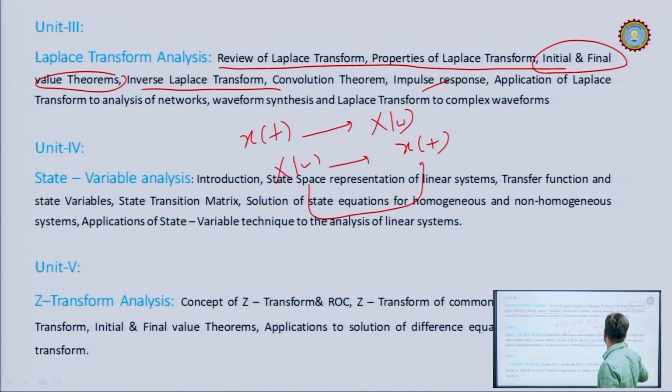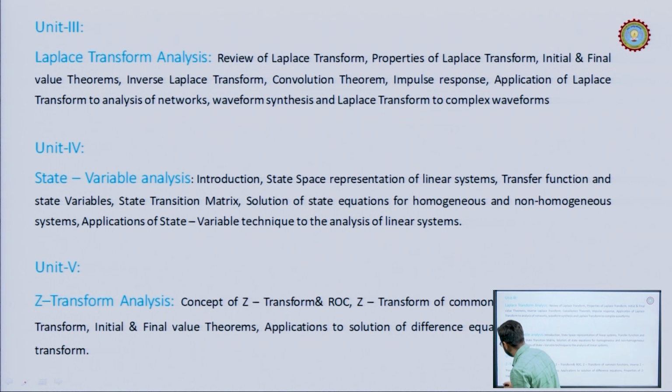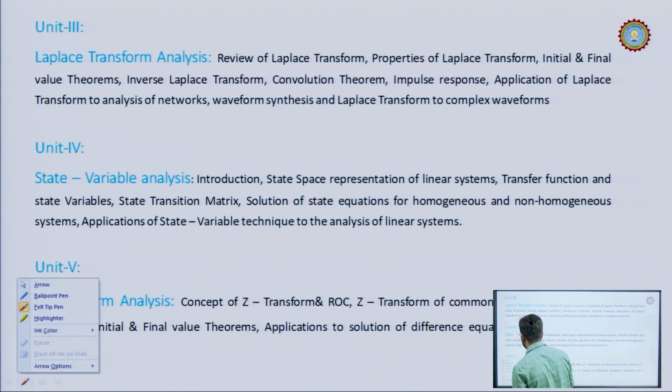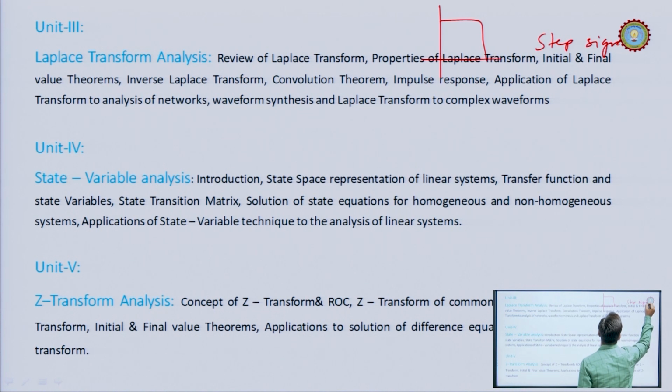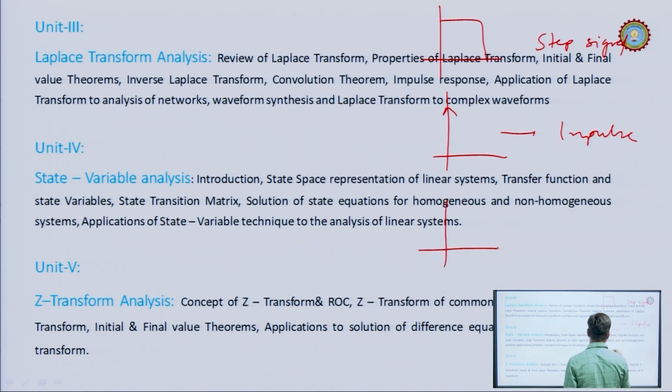What do you mean by impulse response? See, if we define signals, in signals we have the very common signals. This is called the step signal. Then we have an impulse signal. Third is a ramp signal.